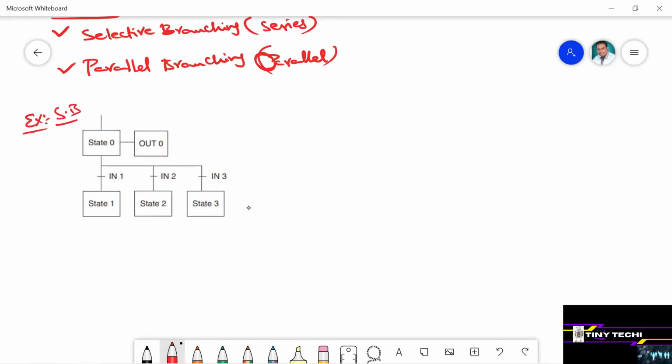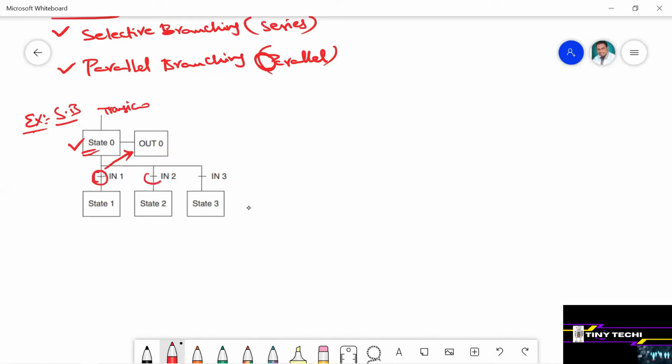You can observe that we have the states. State 0 has no transition condition, so we are not considering this state. But this transition condition occurs based on output 0.